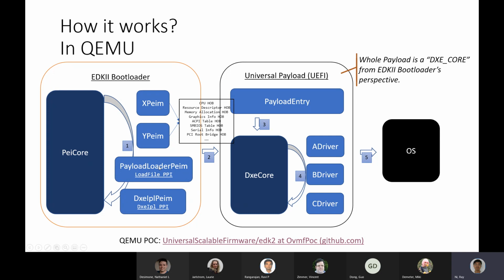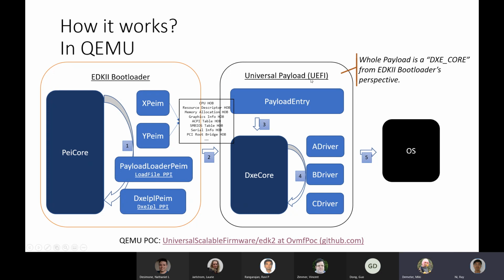It does not contain the ELF loader, so we need an ELF loader. Then the ELF loader is encapsulated as a load file PPI interface. When the PI phase ends, the DXE IPL will call the load file PPI to find the DXE core and jump to it. In this case, it will find the payload as the DXE core and jump to the payload entry point.